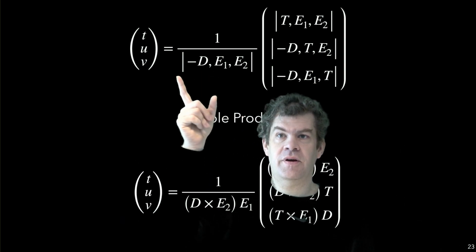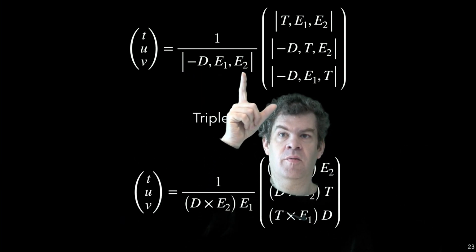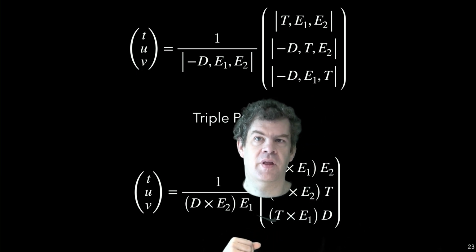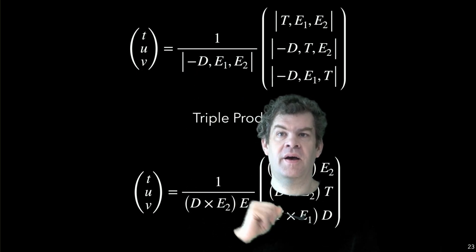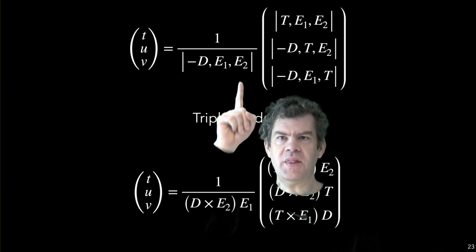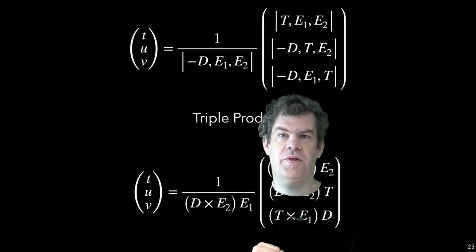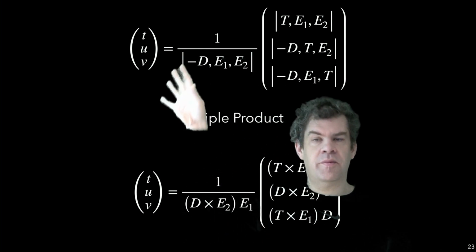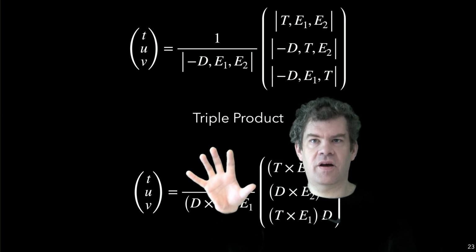Minus the E1 and E2, you can compute the determinant by throwing a minus sign at the first vector, then taking the third, the cross product with the third, and taking the dot product with the second. Okay, and again, you can prove that it's not a big deal.